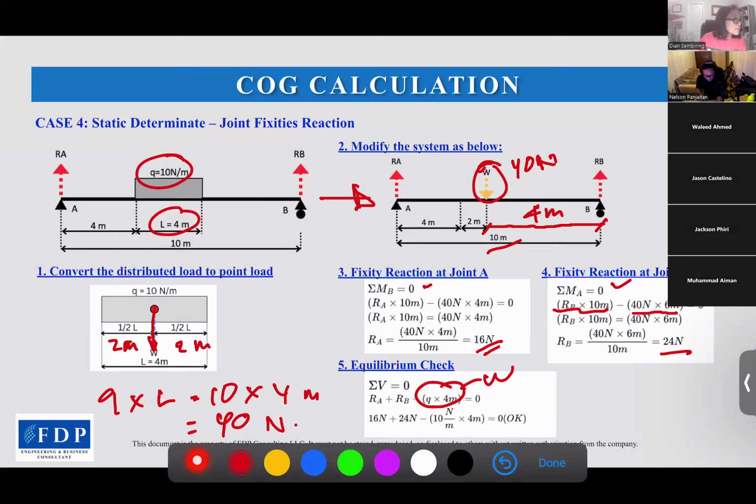RA is 16 Newton plus RB is 24 Newton, then it will be 40 Newton minus 40 Newton, then it will be 0, so our system is in equilibrium. That's all for case 4.